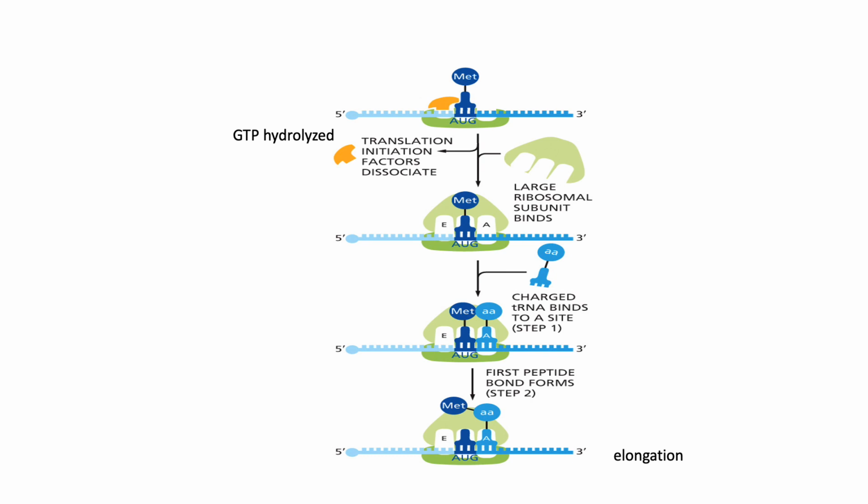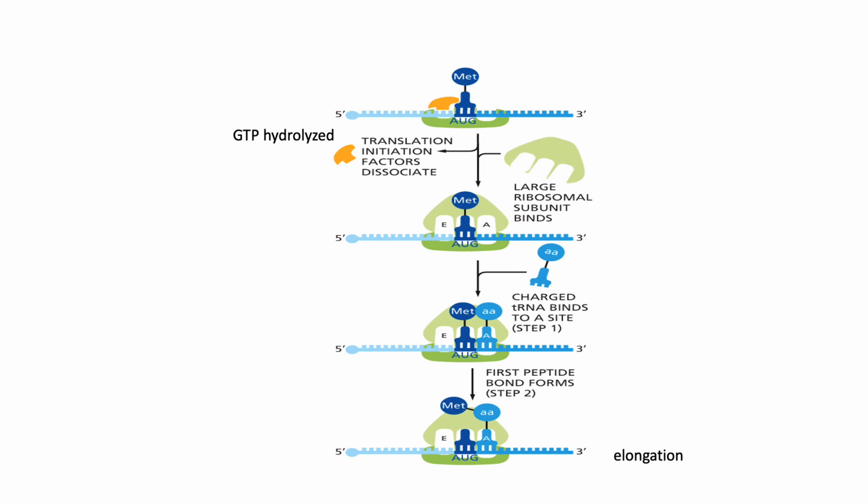Because what happens then is that the next amino acid tRNA comes in, of course, with the elongation factor GTP, binds to the A site, and then you get the peptidyl-transferase reaction that moves the methionine over to the next amino acid. And so now we're really back to where we started with the elongation.